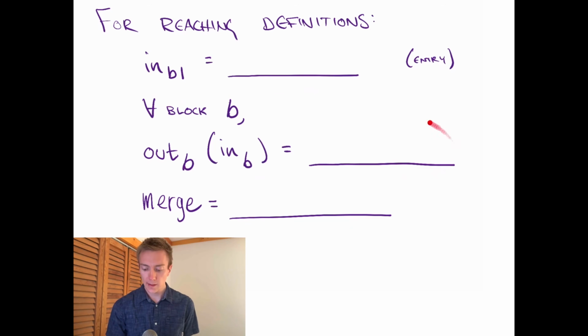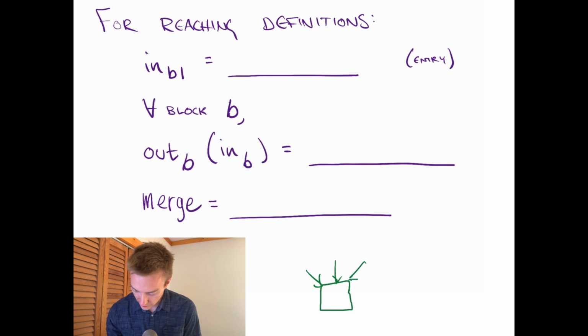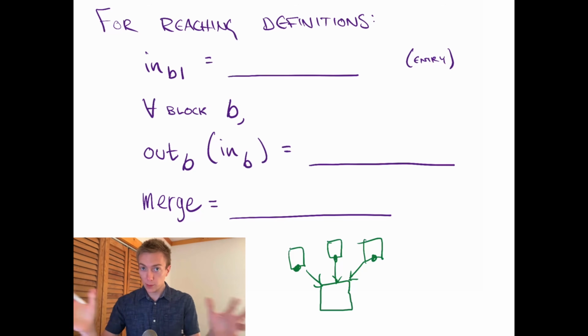The next thing we need is the transfer function. That is, we need a way to compute the output value, the output set of definitions, given the input set of definitions for every single block. Then finally, the last thing we need is a merge function. That is, we need a way for whenever you have a block with multiple predecessors, as it looks in the control flow graph something like this, of taking the output values from the predecessor blocks, gathering them up, mashing them together somehow, and computing the input value for this basic block.